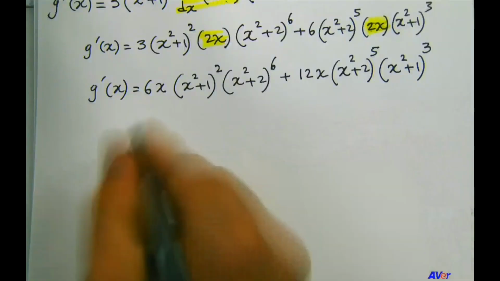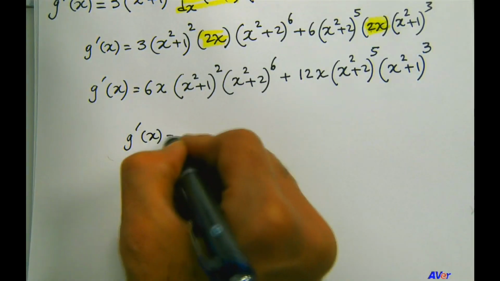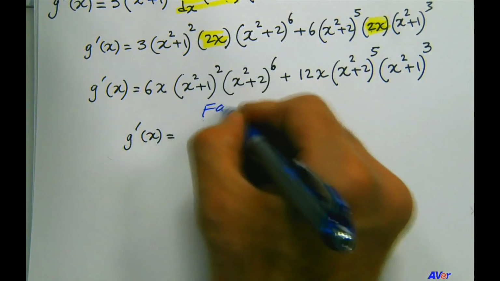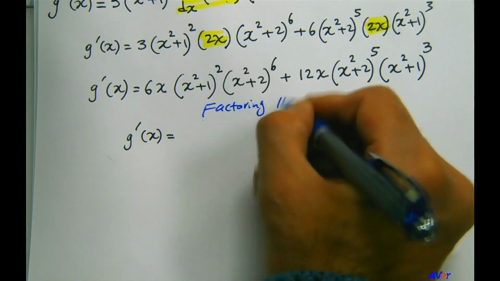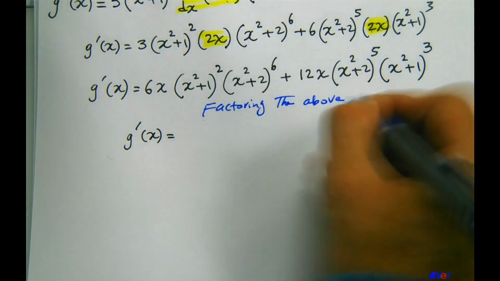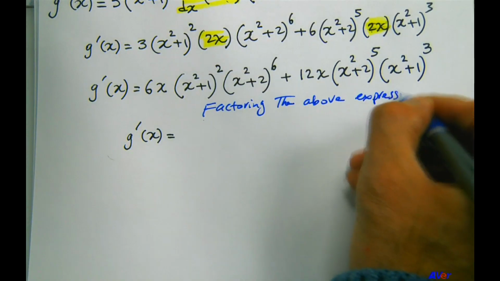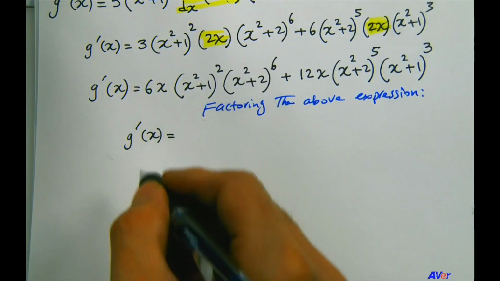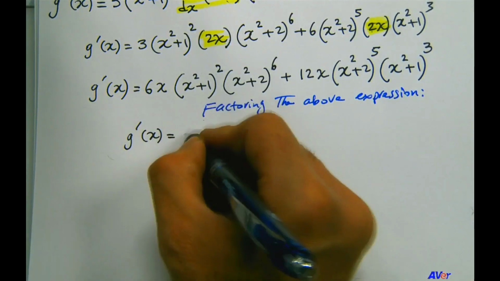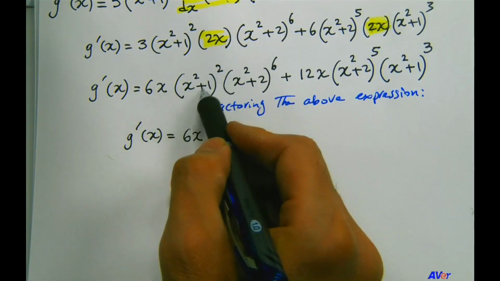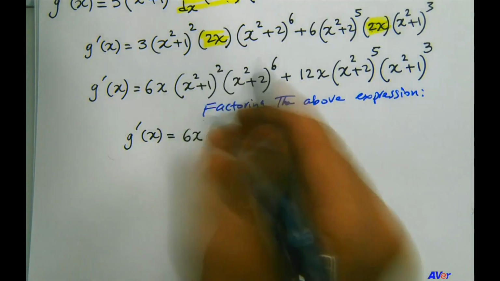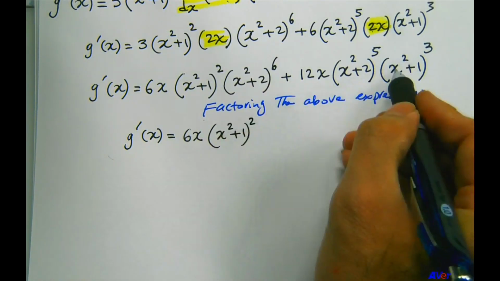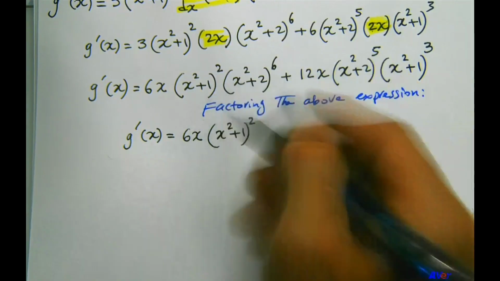Let's do it then. So g prime of x is equal to, well, let me write down that factoring of the above expression. We have 6x, then (x squared plus 1) squared can be factored out, and (x squared plus 2) to the 5th power can be factored out.